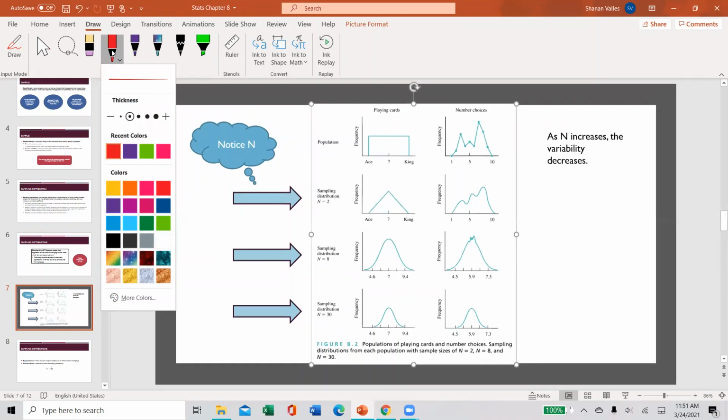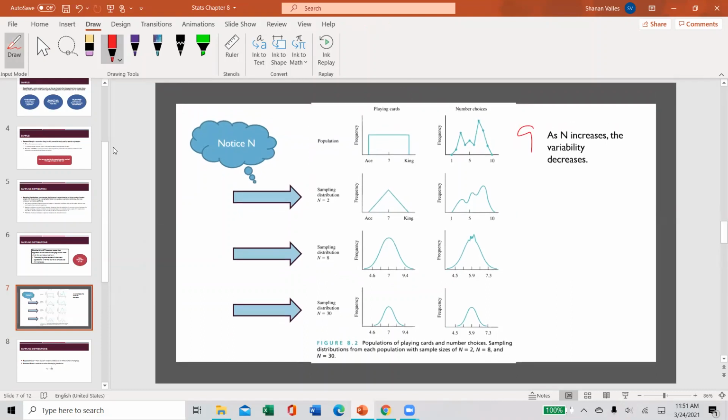There we go, 9. This range here didn't change in this instance, so it's also 9. But now look at this one, 4.5 to 7.3. I don't know what the difference of that is, it's around 3. Our range has shrunk, right? So our variability has decreased.